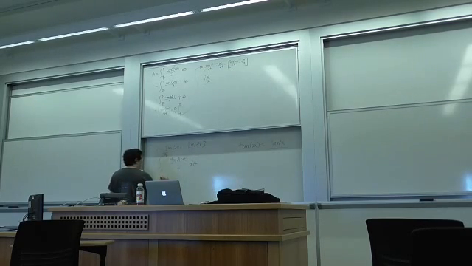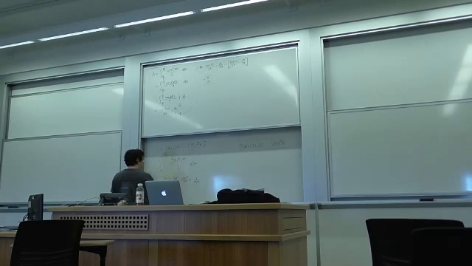I always forget. Tangent squared is sine squared over cosine squared, right? So plus cosine squared over cosine squared equals 1 over cosine squared.